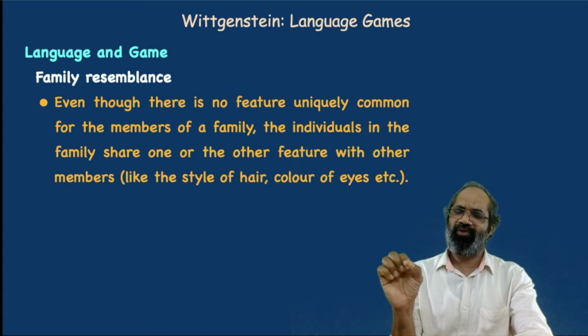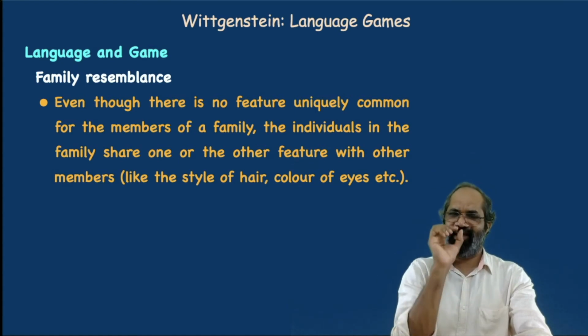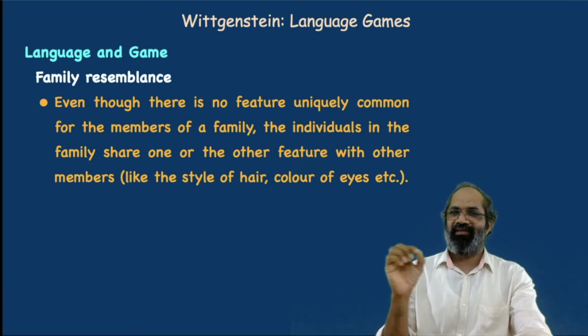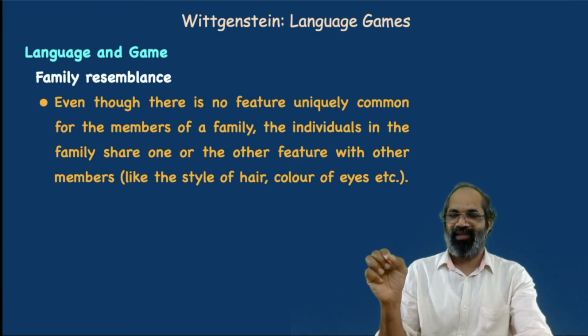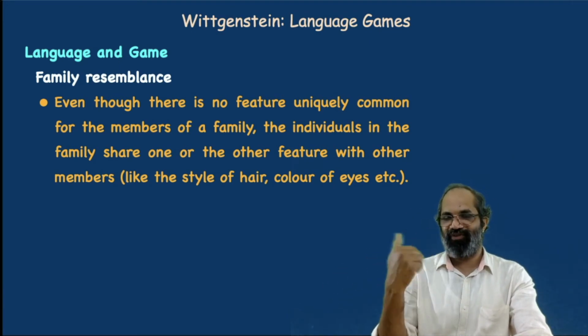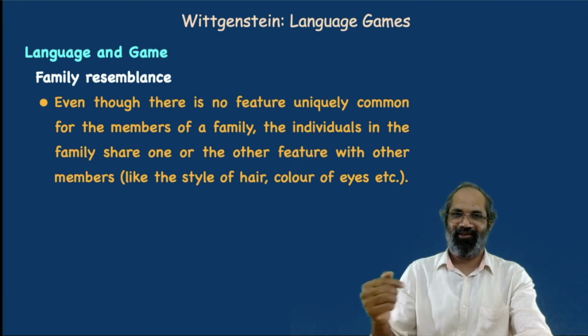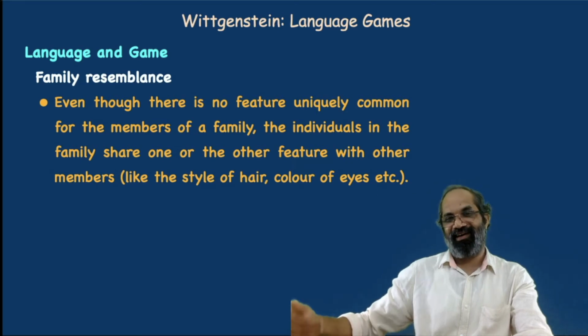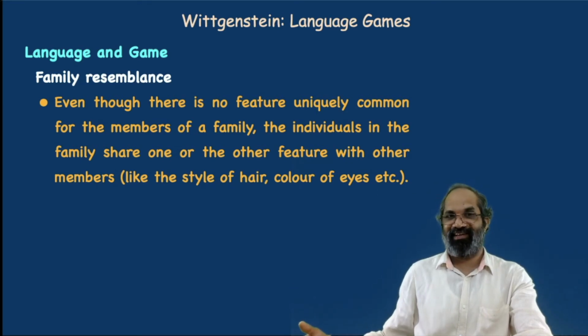But there is no common feature like the style of nose which runs throughout the family. But the father and daughter may be similar in the shape of their face. The daughter and mother may be similar in their hair. And the daughter may be similar in her color to the son.